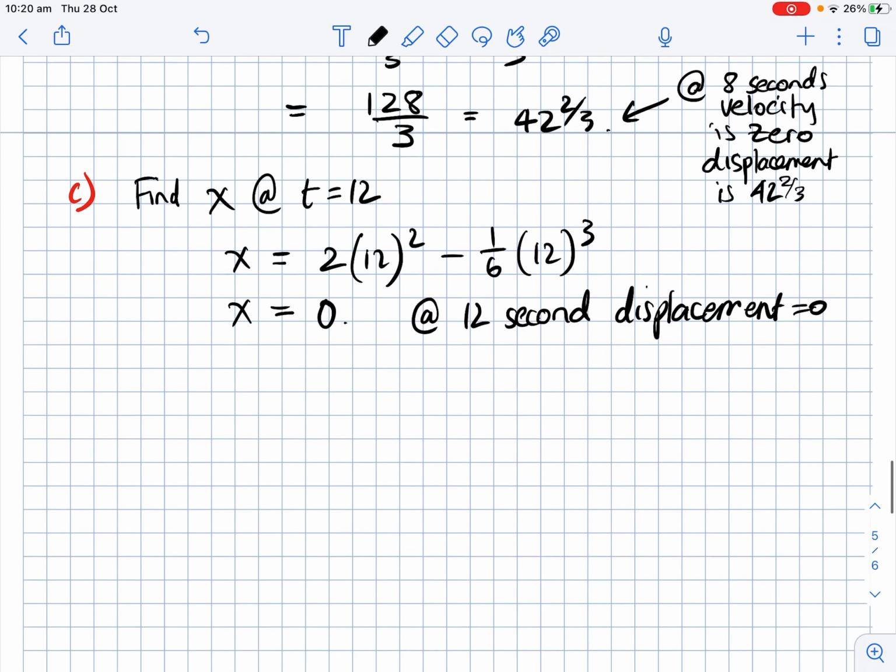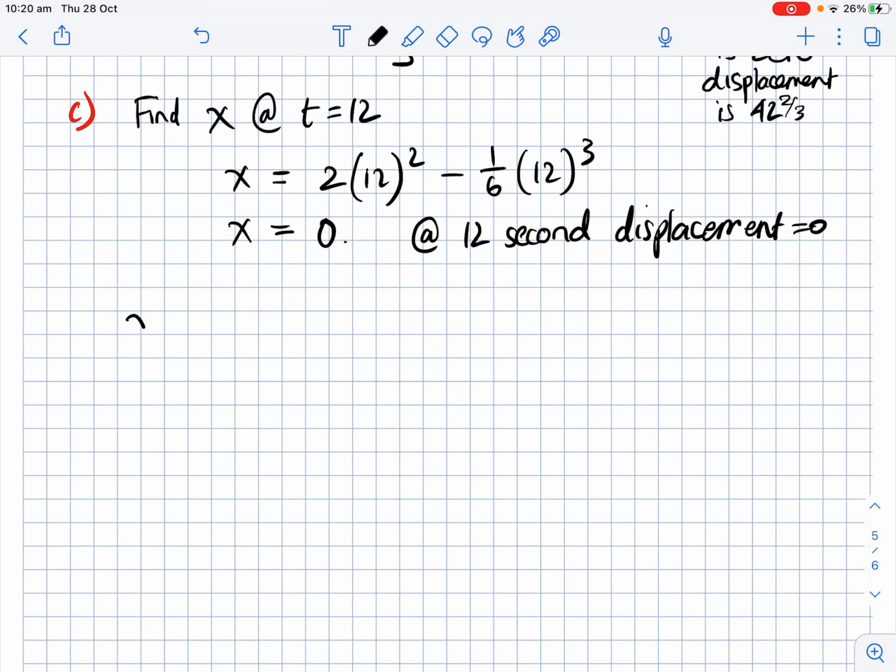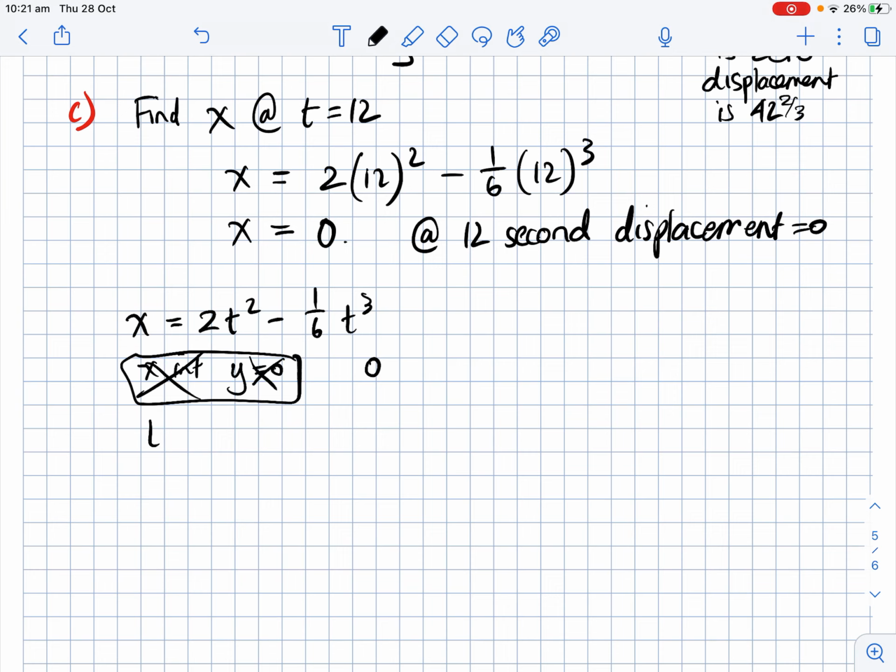We can also look at that on my displacement graph. So if I know the equation of displacement is equal to 2t squared minus 1/6 t cubed, I could find the intercepts by making x equal 0. I should say the t-intercepts are when x equals 0.